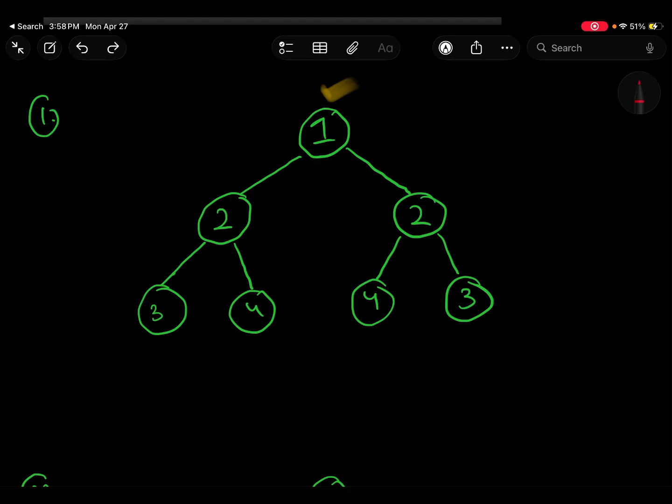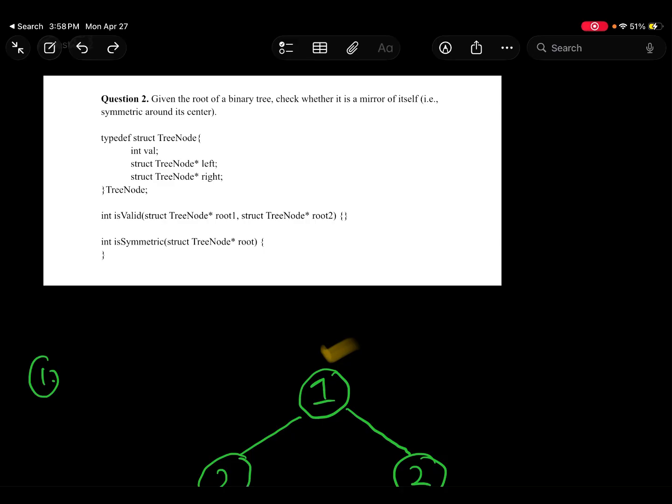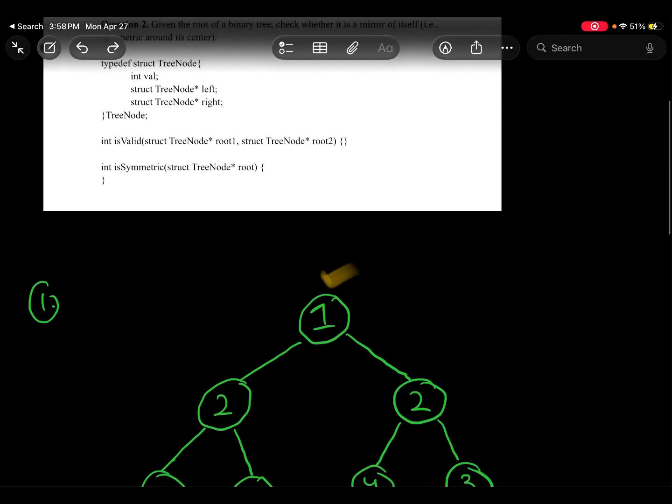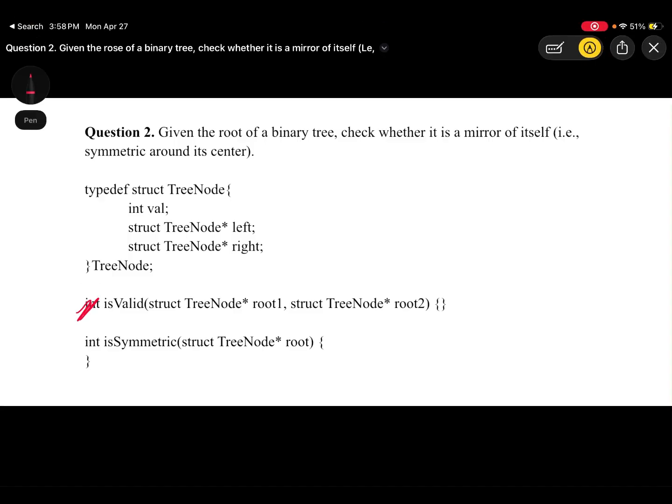The only thing that changes a couple of things is, first, we use a wrapper function. I don't know how many of you are familiar with something called a wrapper function. This is my wrapper function here. In this wrapper function, I take the root of the tree and I pass the left child and the right child.